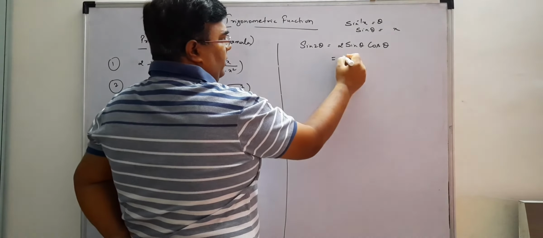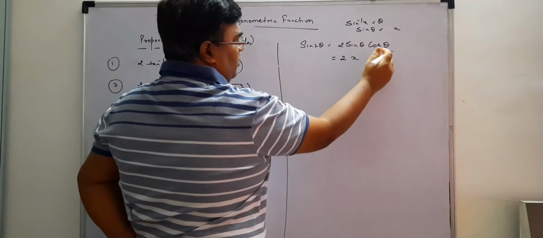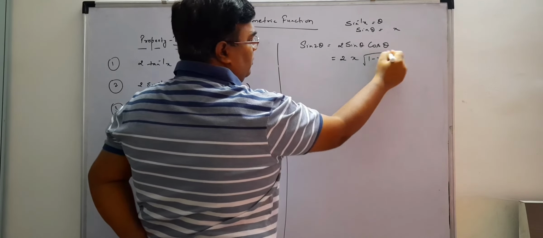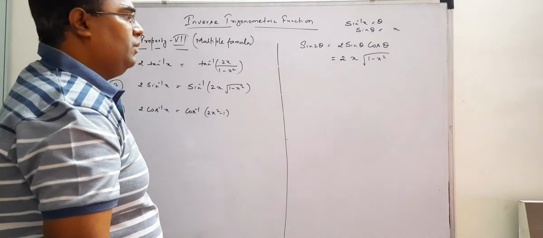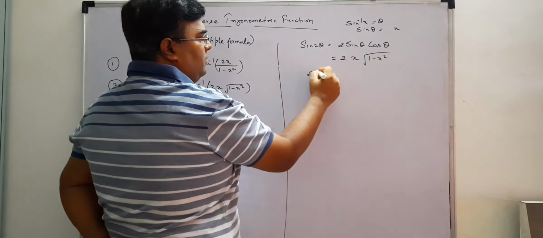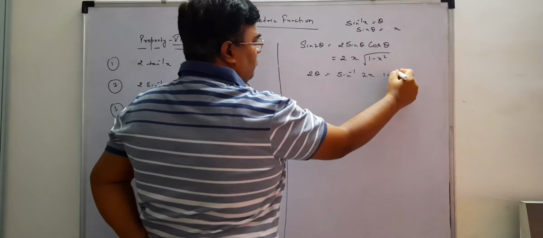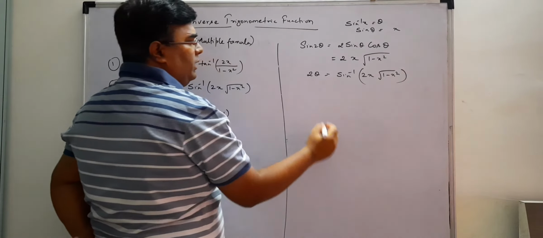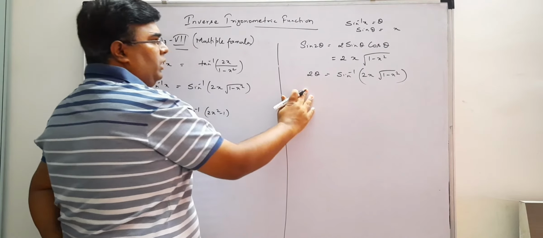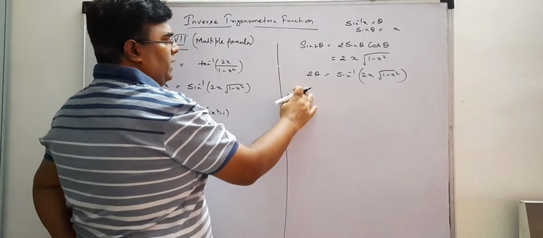So sin 2 theta is 2 times x, and cos theta will be root over 1 minus x square. So my 2 theta is sin inverse of that, correct? What is my 2 theta? 2 theta is 2 sin inverse x.